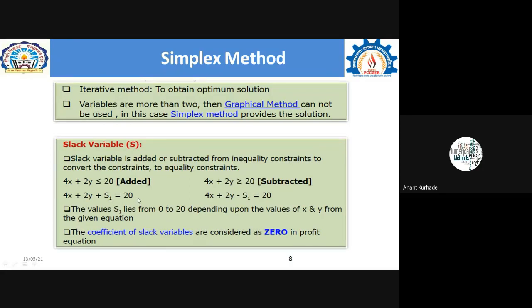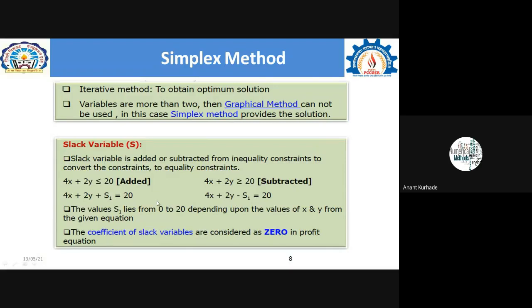And when the constraint is, say, 4x plus 2y greater than or equal to 20, then you have to subtract s1 from the left side so that it balances: 4x plus 2y minus s1 is equal to 20.